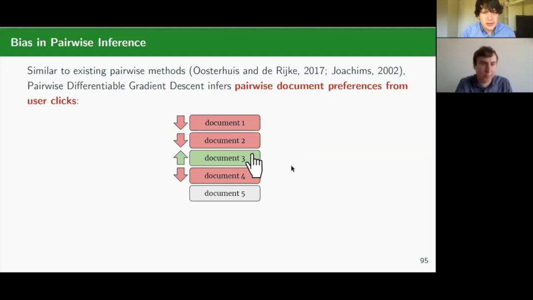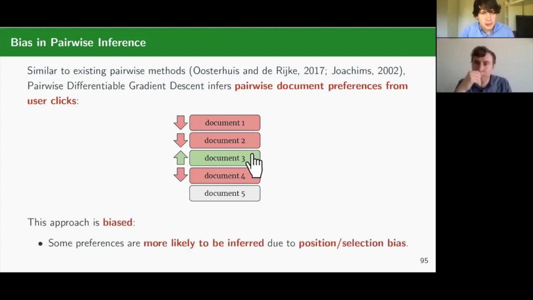Right, so we have these pairwise preferences. When you see a click, the rule we use is all the documents that are above a clicked document, and the first unclicked document. However, we can immediately see that this approach is biased, right? Because some preferences are more likely to be inferred than others due to position bias.